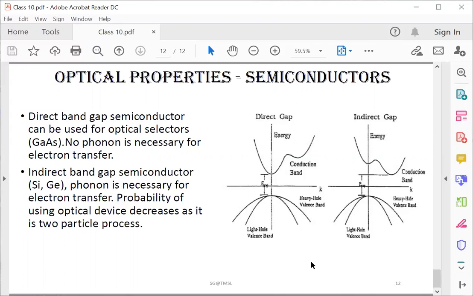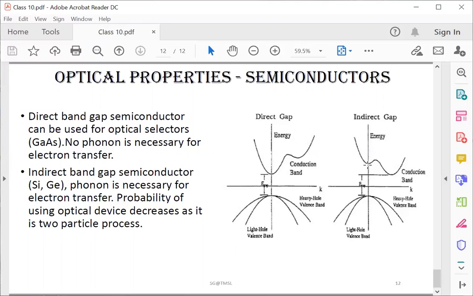First, from the valence band top it goes to another position, then it transfers into the conduction band. The probability of the carrier going from the valence band to the conduction band is less because it goes through some lattice collision, so a phonon is required. The probability of use in optical devices decreases, since it is a two particle process requiring another particle.